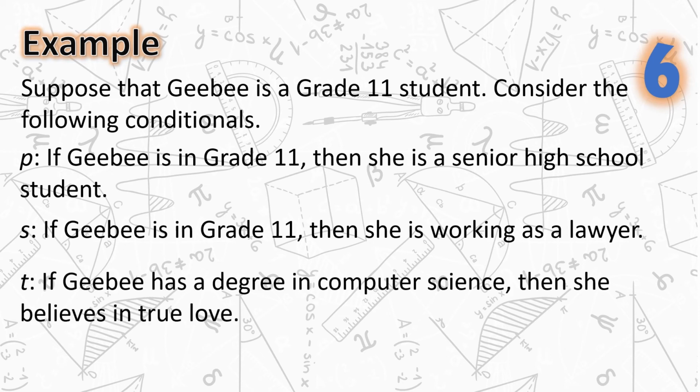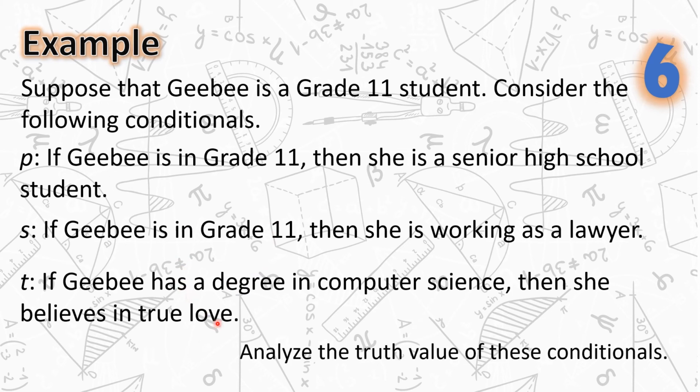If GB has a degree in computer science, then she believes in true love. Now, in answering the truth value of these conditionals, we will consider the truth matrix for implication. So we're going to analyze the truth value of the following conditionals. Letter P, or proposition P.